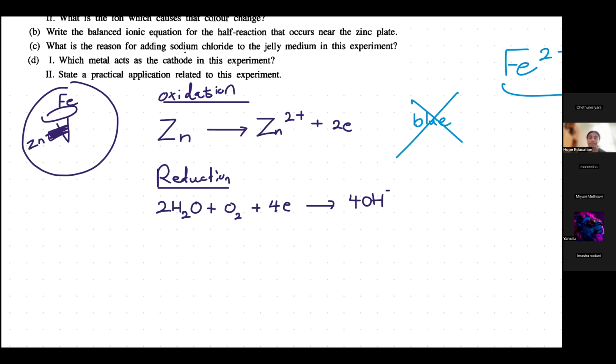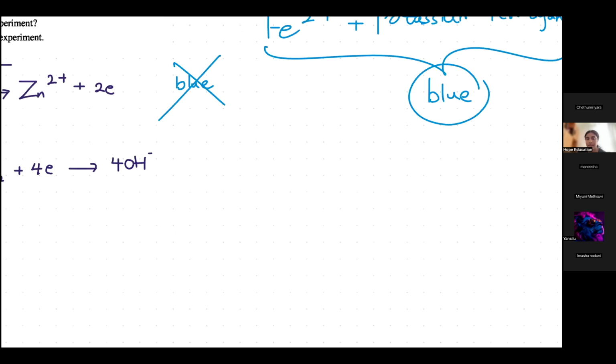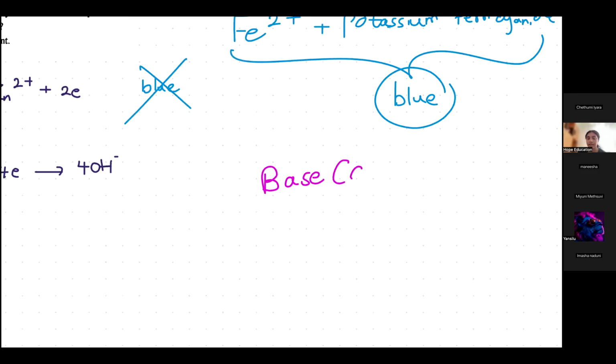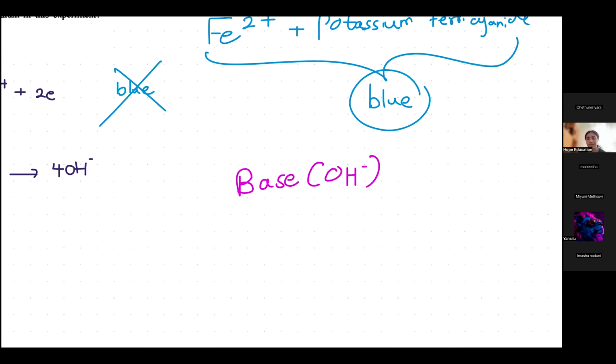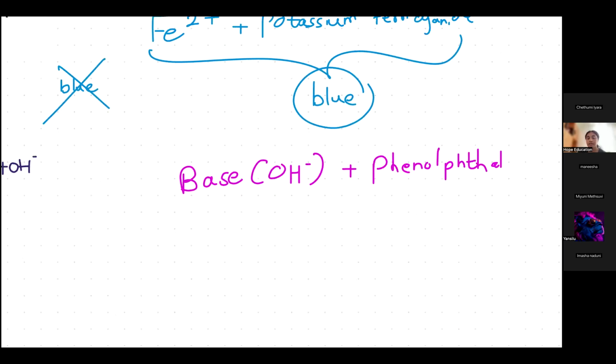Then why do we have phenolphthalein here? You remember acids and bases. A base is something that releases OH minus ions. If there is a base, what color does phenolphthalein give? Pink. So is there a base? See? A base means something that releases OH minus ions.